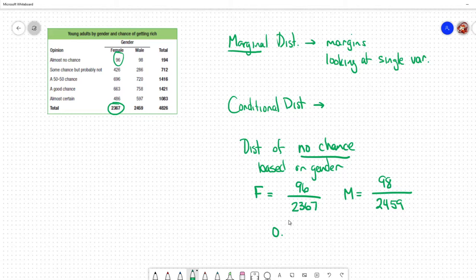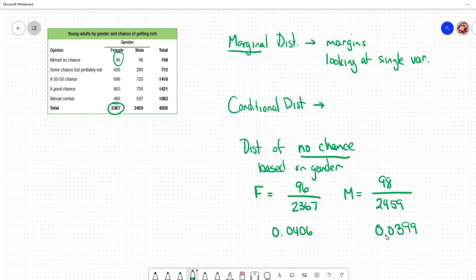So less than a 4%. Now if I do 98 over 2,459, I get about 3%, 0.0399.